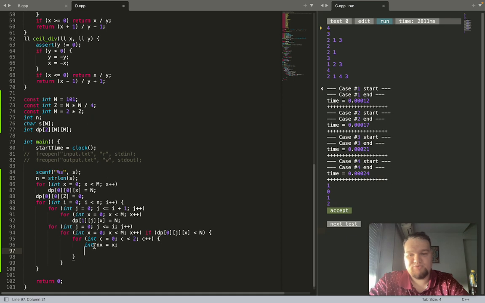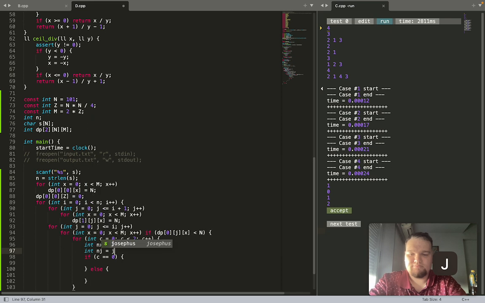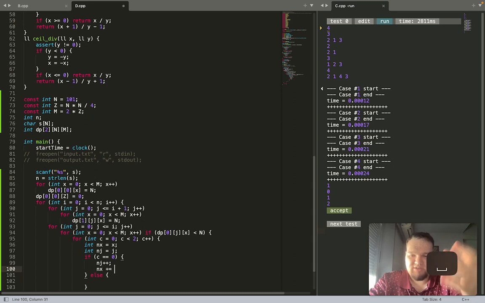So if I'm putting another 0, then the number of subsequences 1, 0 will increase by the number of ones on the prefix, and the number of zeros will increase by 1, and the balance will, let's say, increase by i minus j.